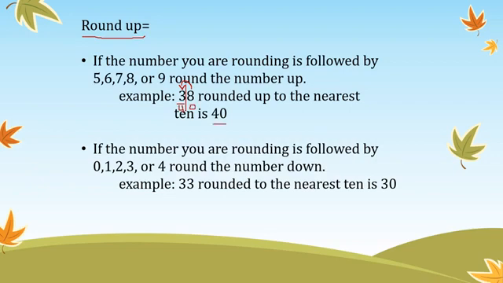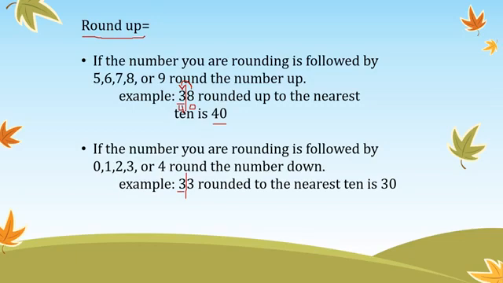If the number you are rounding is followed by 0, 1, 2, 3, or 4, you're going to round the number down. For example, we got 33, and we're going to round up to the nearest 10. So here, this 3 is the nearest 10, right?